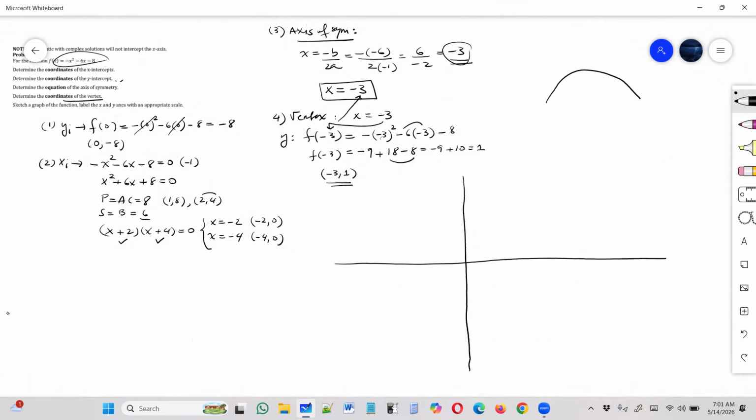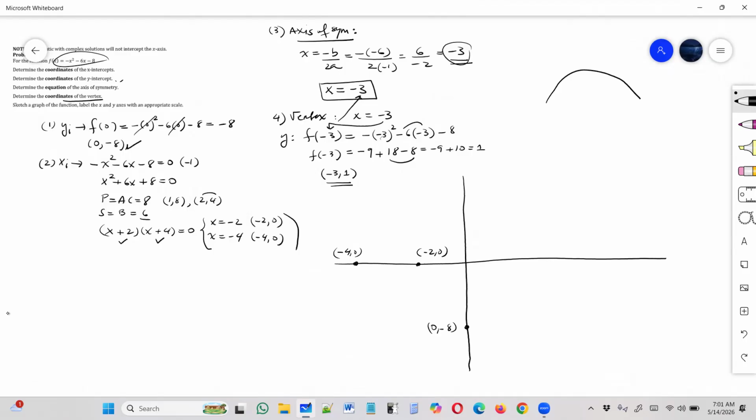So let's plot in the y-intercept right here, (0, -8). Let's plot in the two x-intercepts. This is (-4, 0), and let's say here, (-2, 0), the x-intercepts.